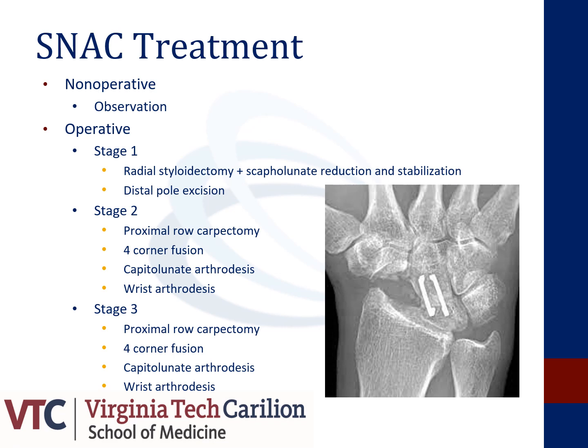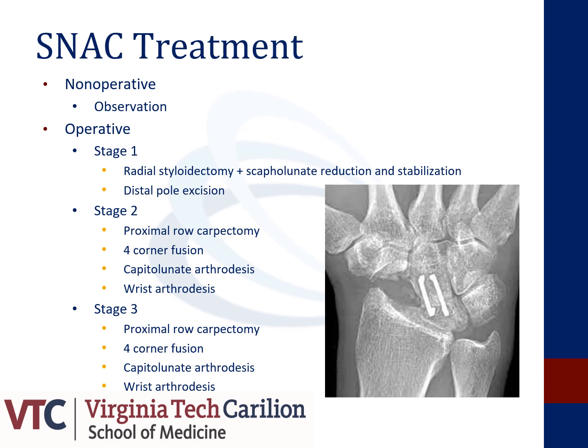For a proximal row carpectomy, remember that requires the capitate to articulate with the distal surface of the radius, and if that proximal aspect of the capitate has become too arthritic, that is not a great choice. However, if the capitate arthritis is minimal, you can either choose to allow the capitate to articulate directly with the distal radius, or you can interpose some capsular tissue.